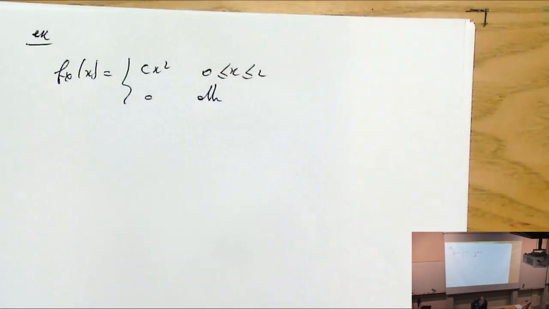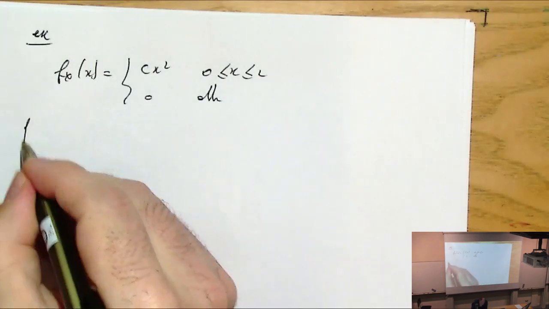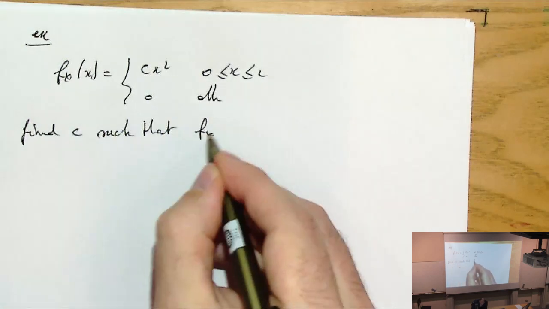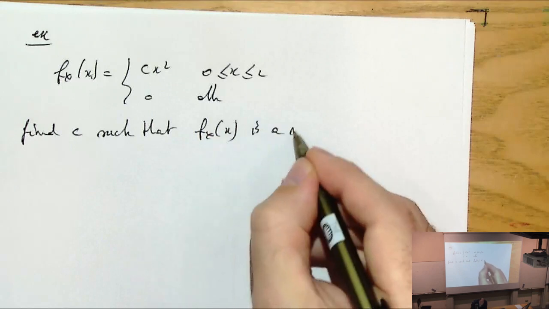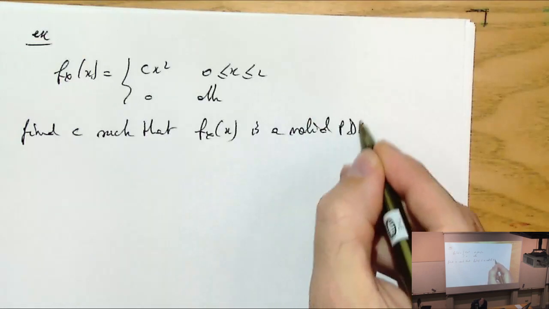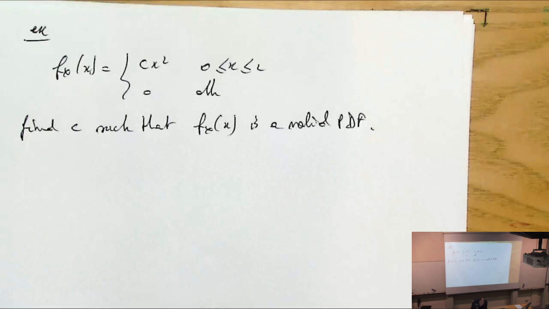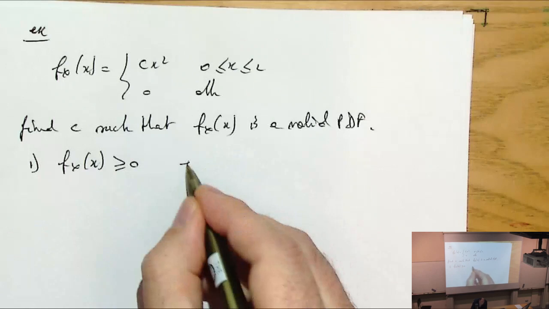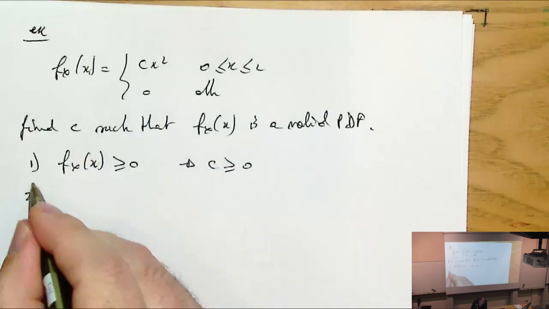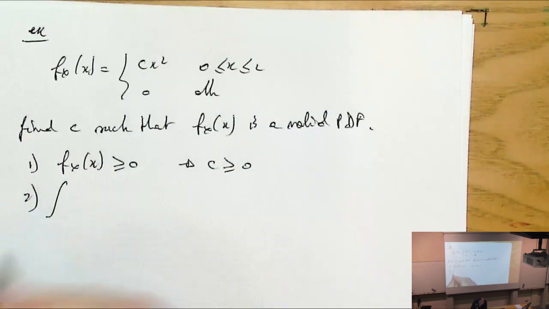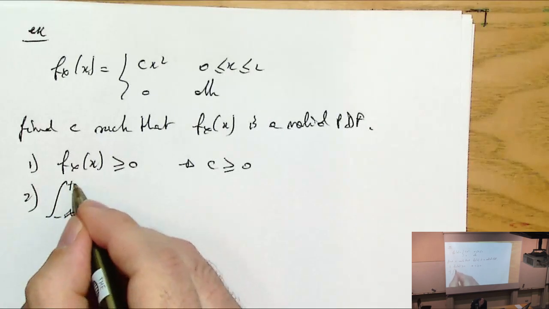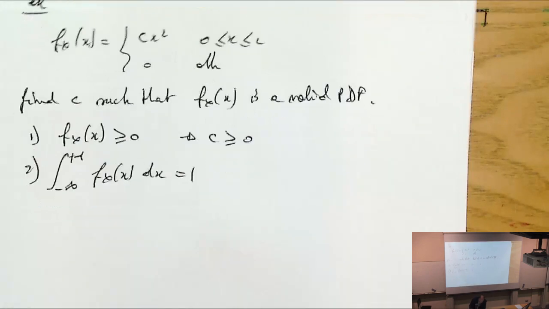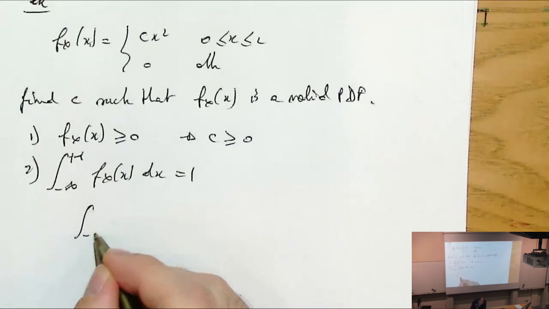What we're asking here is to find c such that f_X(x) is a valid probability density function. First, f_X(x) has to be positive, so that means c has to be positive. Second, the integral between minus infinity and plus infinity of this probability density function should be equal to 1.